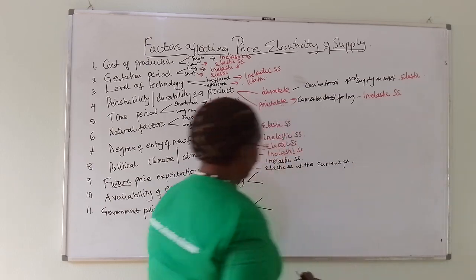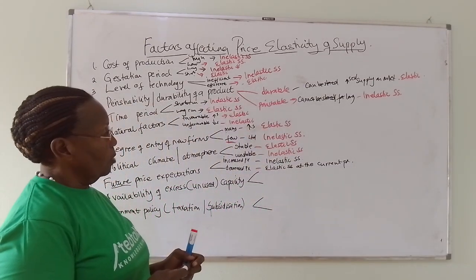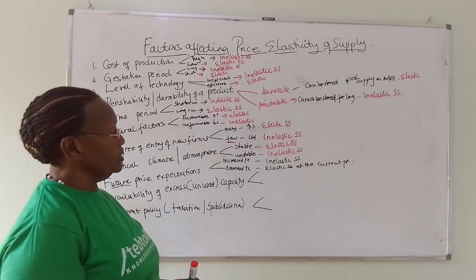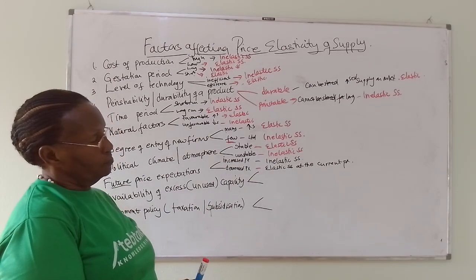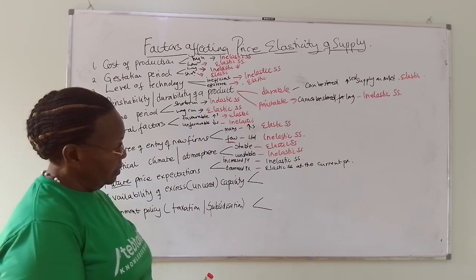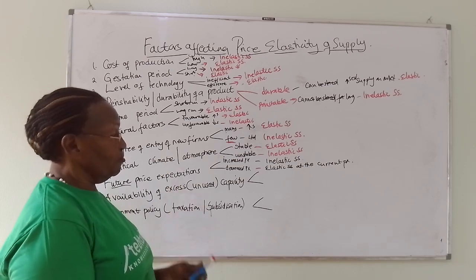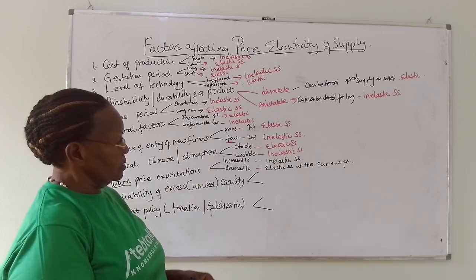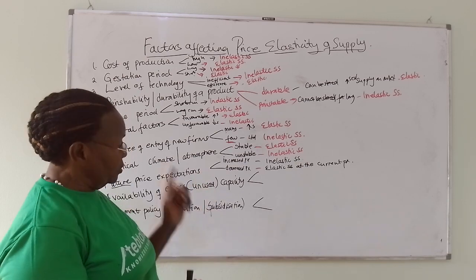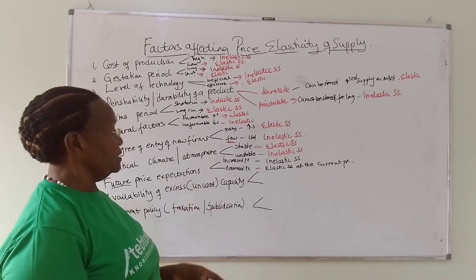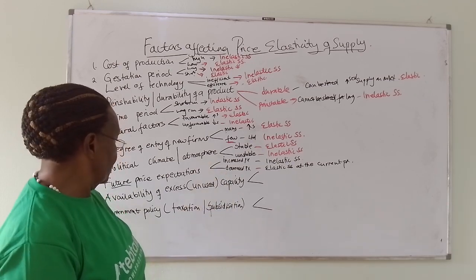Because in the future the price will be low, and we don't increase supply when prices are low, obeying the law of supply. But when you are expecting an increase, you just keep quiet. But when you're expecting a decrease, increase supply now, when the prices are still high. Don't wait for when there is a decrease in price.